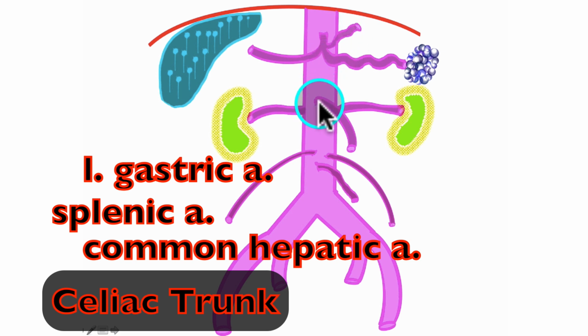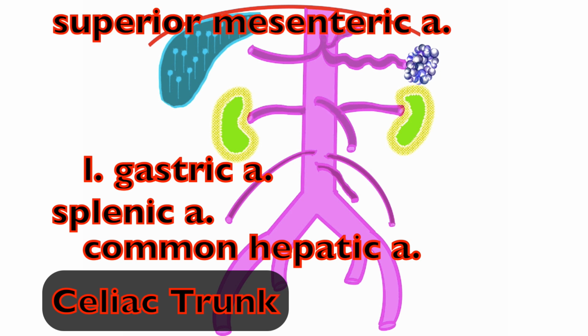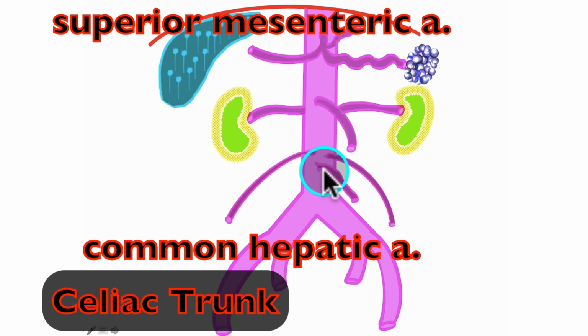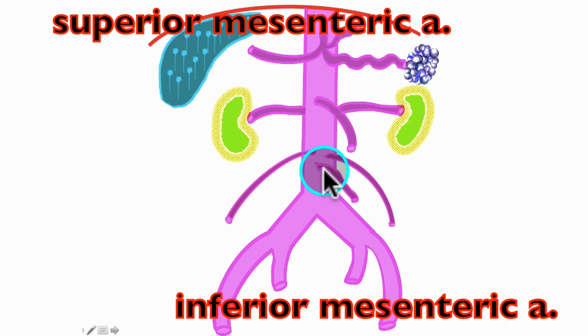The next blood vessel coming off the ventral surface of the aorta below the celiac trunk is going to be the superior mesenteric artery. And then we're going to find the inferior mesenteric artery. So celiac trunk, superior mesenteric artery, inferior mesenteric artery.